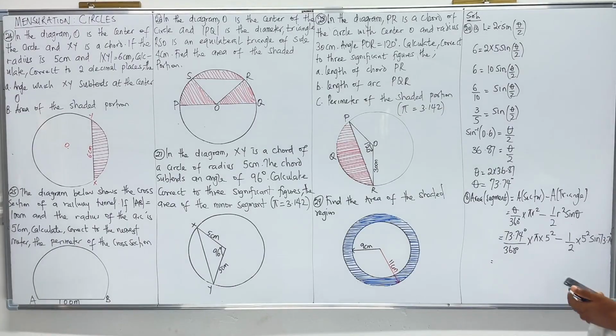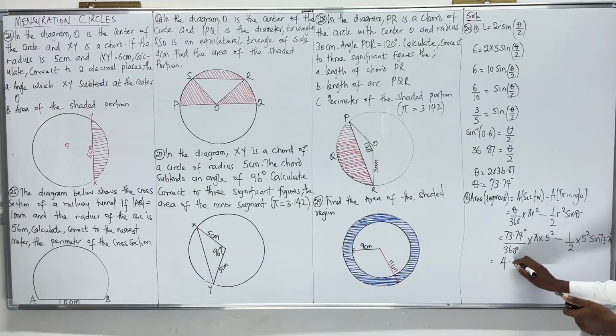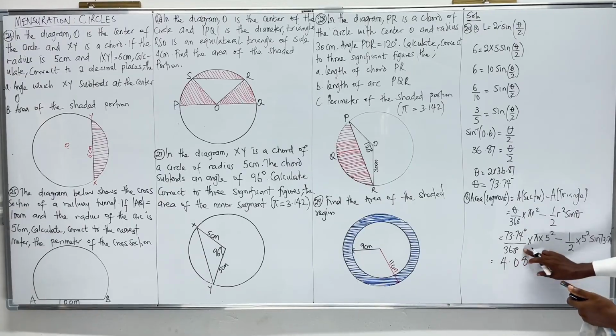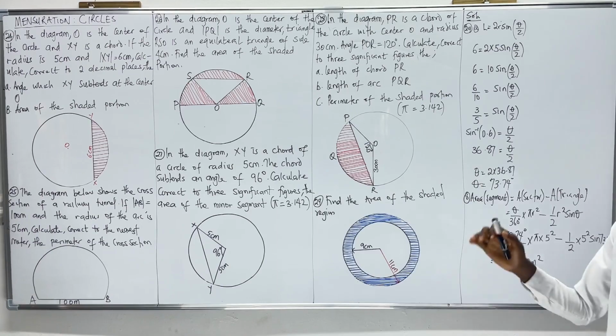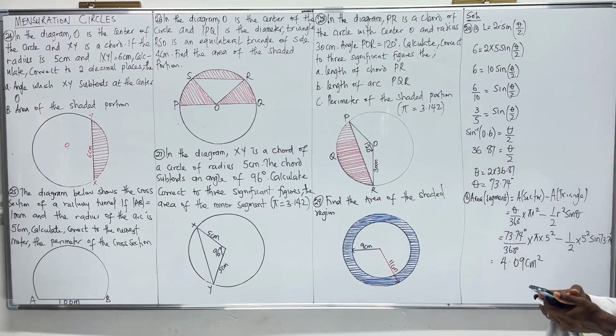All right, so that gives me 4.08. Since it's to 2 decimal places, 4.09 centimeters squared. So that will be the area of the shaded portion.